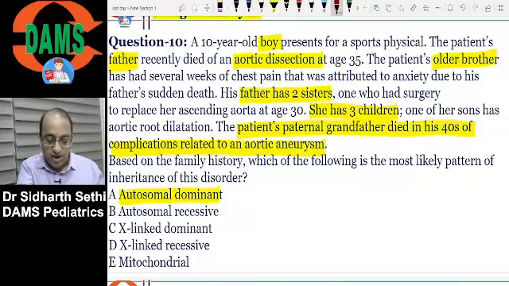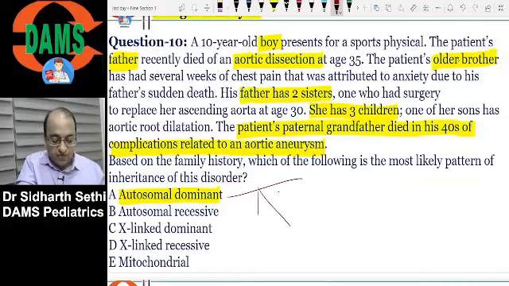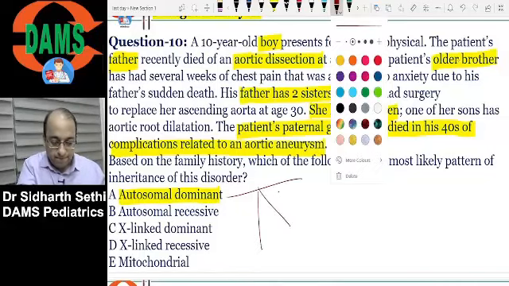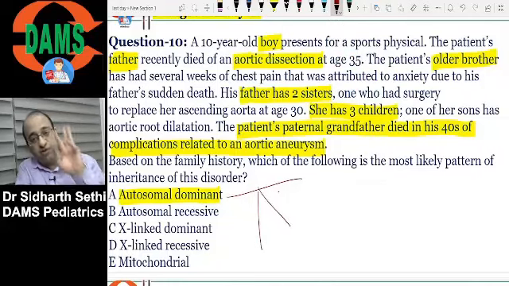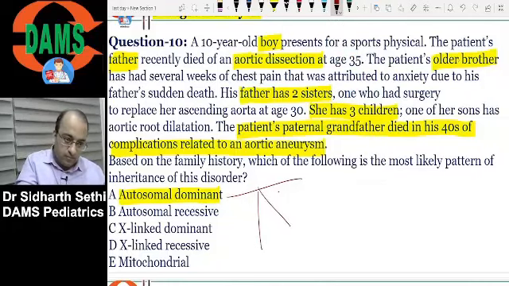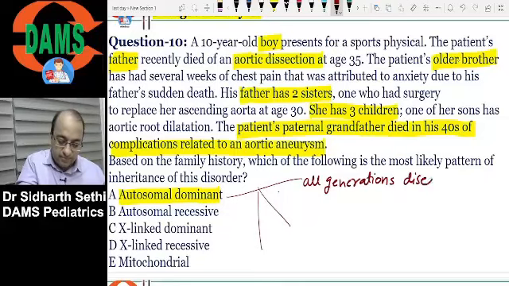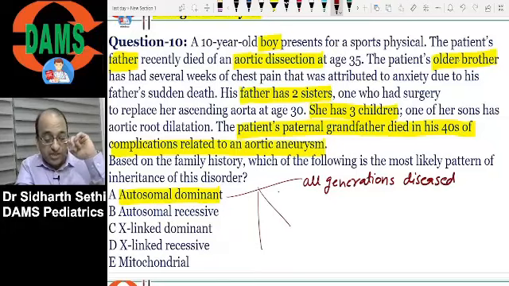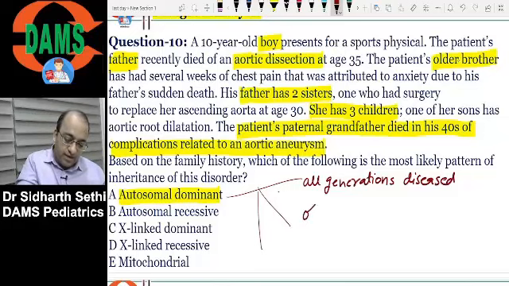So what I saw here is, whenever you see a case of autosomal dominant, three things you have to look at. All generations are affected. If all generations are diseased, it is dominant. Equally occurring in boys and girls.